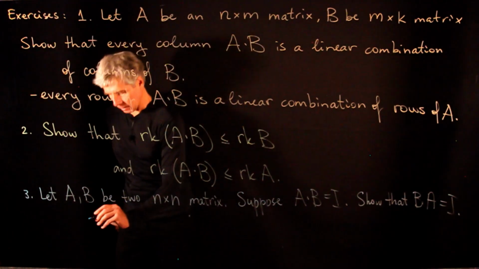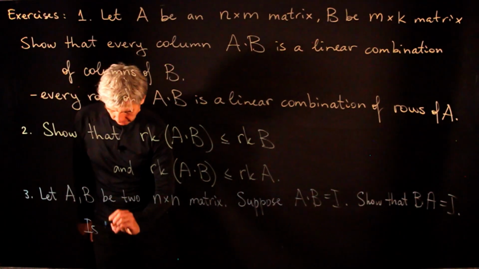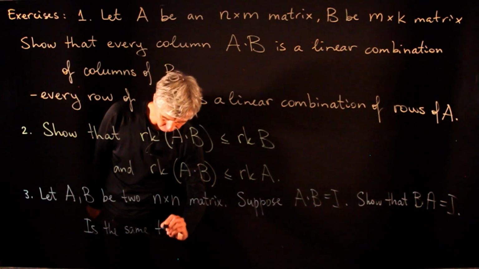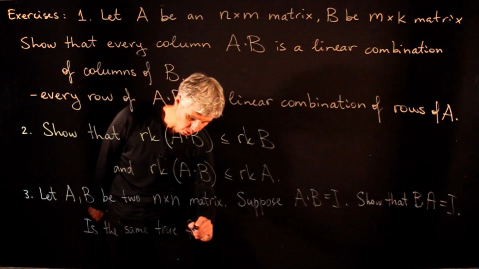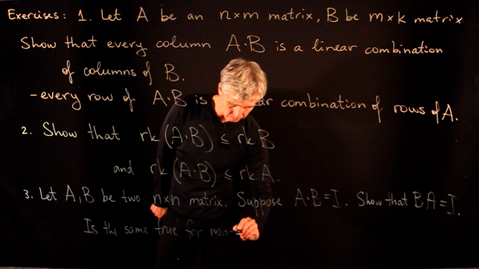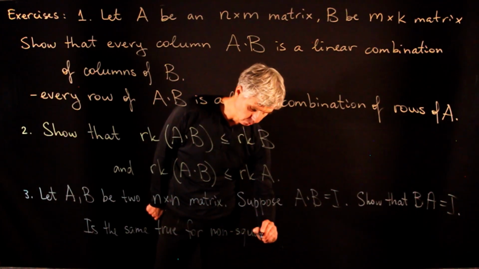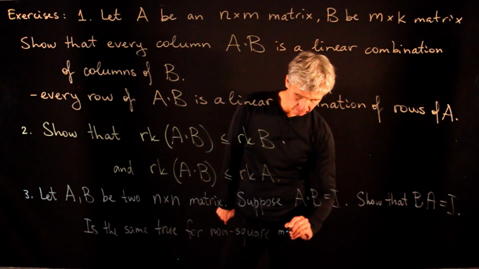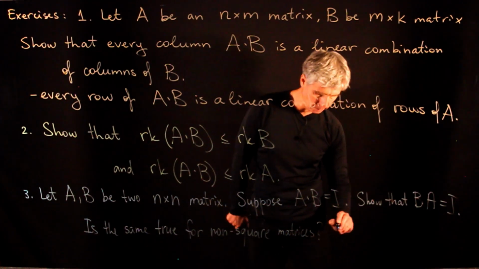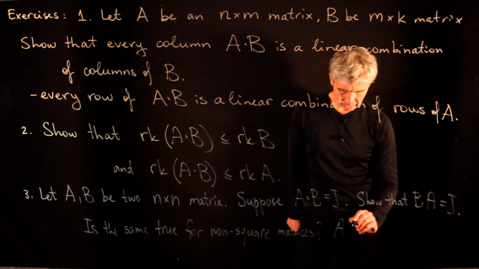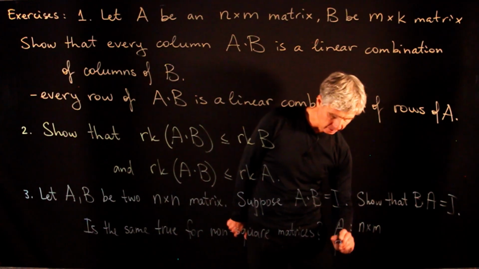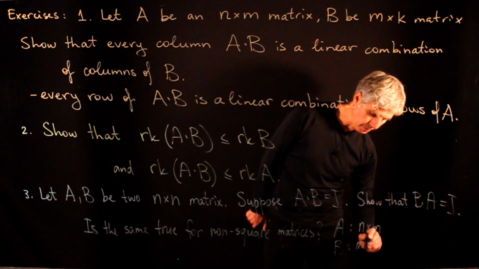And is the same true for non-square matrices? This means that if A is of size n by m, and B is a matrix of size m by n.